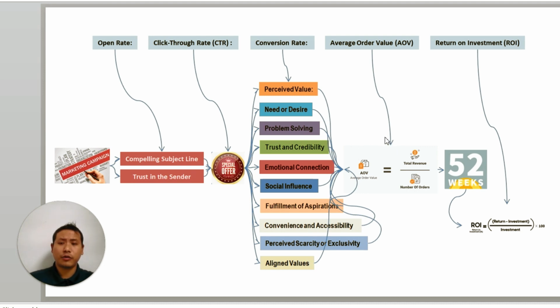But if you go for a longer period of time, with retarget marketing, the chances are that your ROI is not going to be just 1 or 2 times, but potentially your ROI can be 52 times.